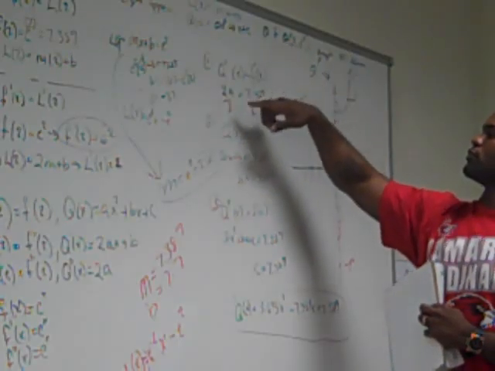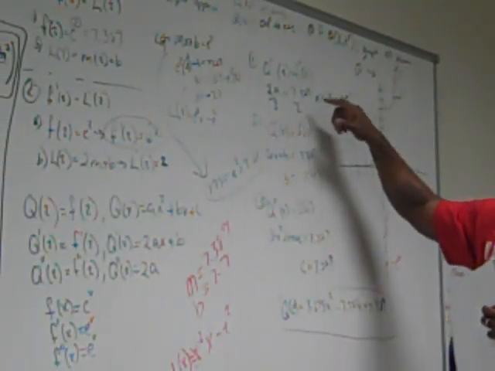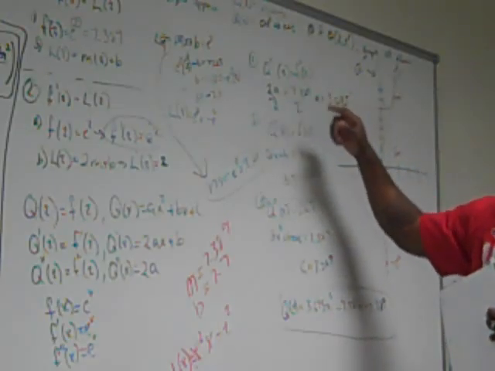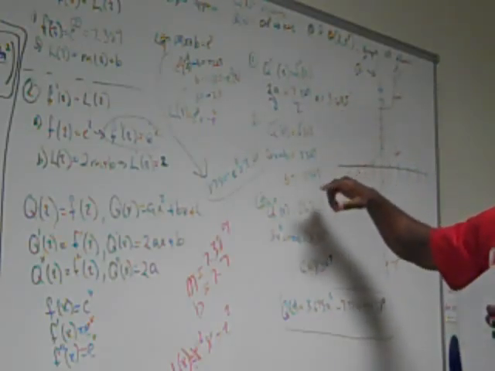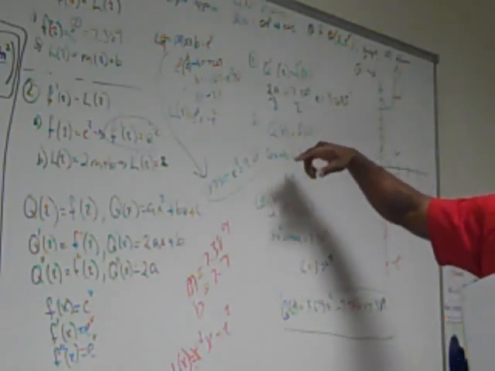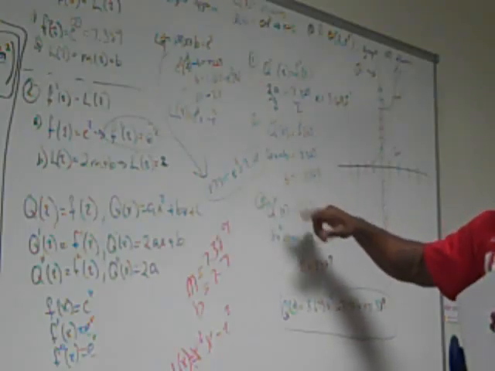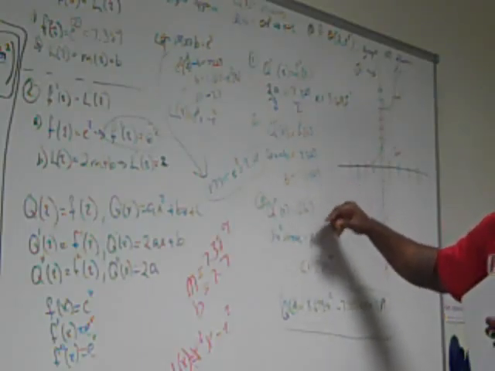So 2a was equal to e to the x, which is 7.3. Solve for a is equal to 3.695. And then for the next step, set the first derivatives equal to each other. Solve for b, you get negative 7.3.